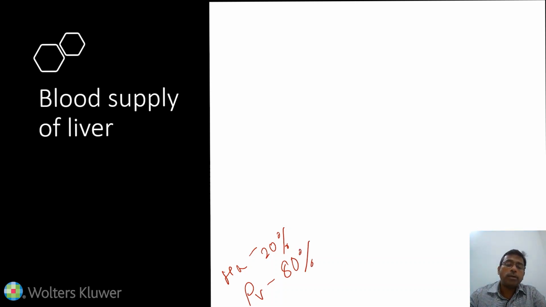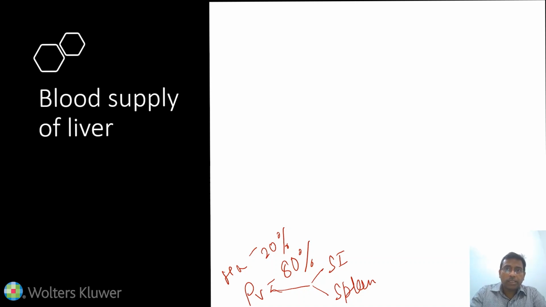And the blood which is brought to the liver by portal vein is rich in nutrients, as it is coming from small intestine, and also in breakdown products of hemoglobin, as it is coming from spleen. So these two vessels, the hepatic artery and portal vein, will enter the liver through the porta hepatis along with the connective tissue.